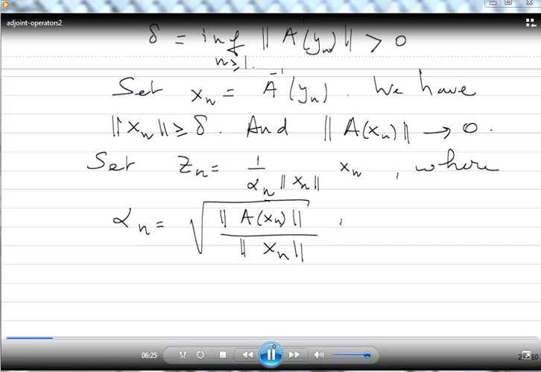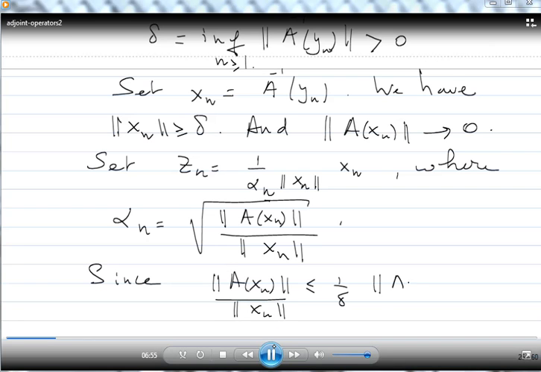Now we know that the norm of xn is bigger than delta, so 1 over the norm of xn is less or equal than 1 over delta.